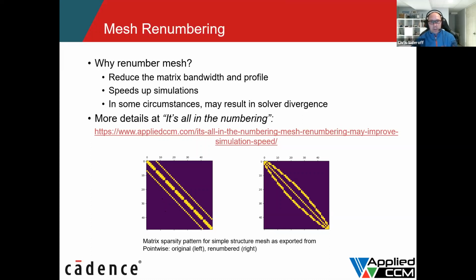Some of that has to do with the way the grid is numbered in Pointwise, which may be suitable for what it's doing but may not be suitable for the solver. I find it particularly so for structured meshes, where there's some sort of computational order. But even when I've used other meshes, blockMesh or snappyHexMesh, I still find that there are some meshes that benefit. So just standard practice: always renumber.